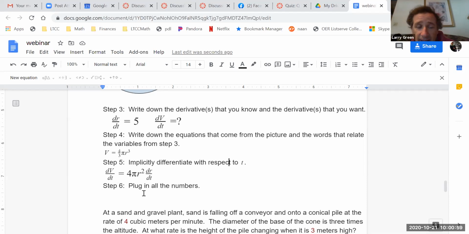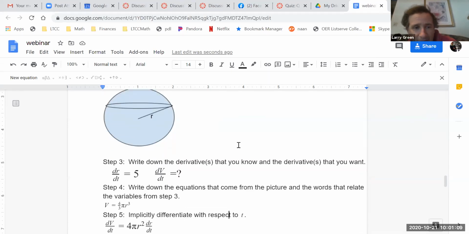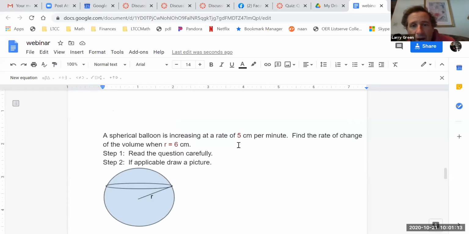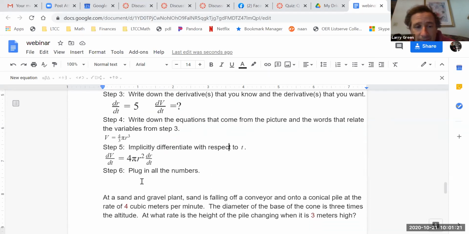Okay, so then last is plug in the numbers. So let's go back to the sentence. A spherical balloon is increasing at a rate of 5. Actually, we already have that. dR/dt is 5. And we know R, find the rate of change of the volume, and R is 6. So R is 6, dR/dt is 5. So now we just plug in.